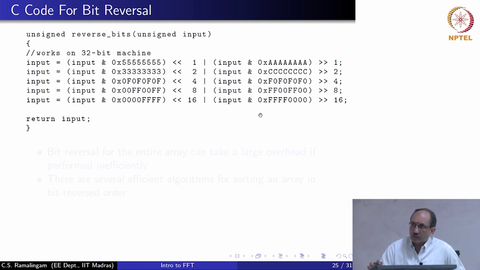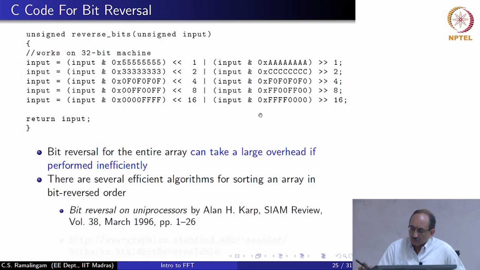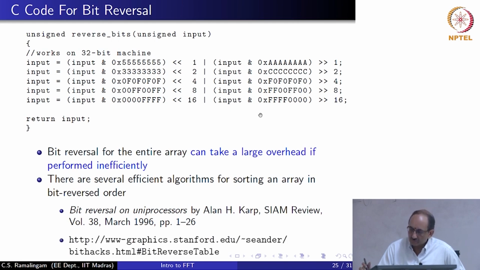You can go through this and study this more carefully, and then you will find that this indeed does it very efficiently. So bit reversal can take a large overhead if it is performed inefficiently. And everything you ever wanted to know about bit reversal but were afraid to ask, you can look up Alan Kopp's SIAM review paper, and also this website.